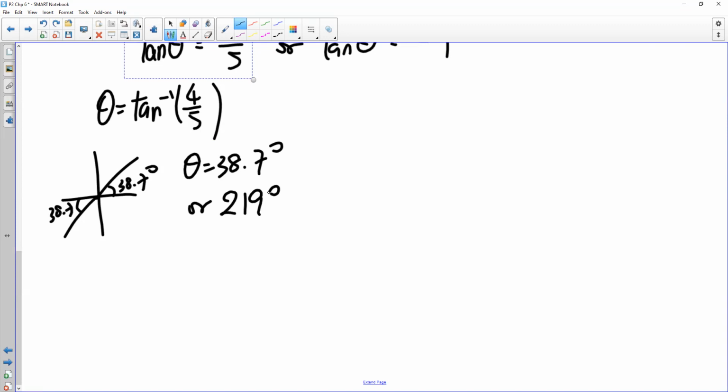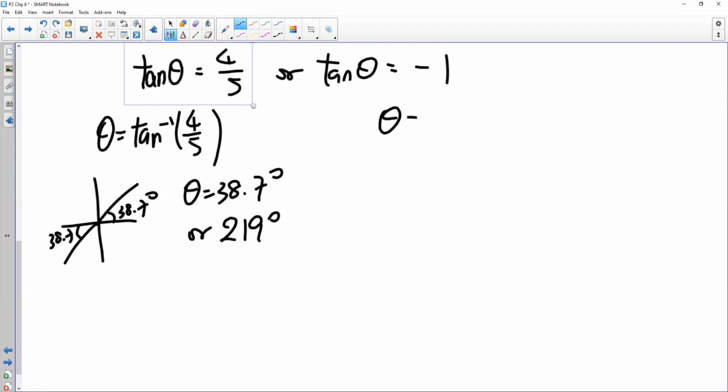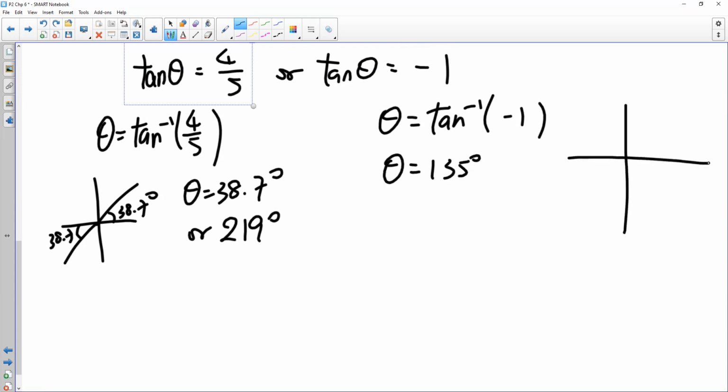What about tan theta equals -1? So theta equals inverse tan of -1. Put it in a calculator, and it should give you -45 degrees, so theta equals 135 degrees. 135 degrees for tan to be negative is here. So where is the next value where tan is negative? Well, in the fourth quadrant.